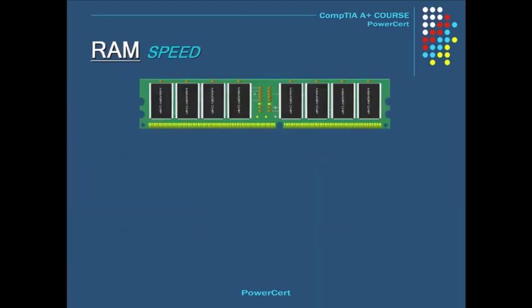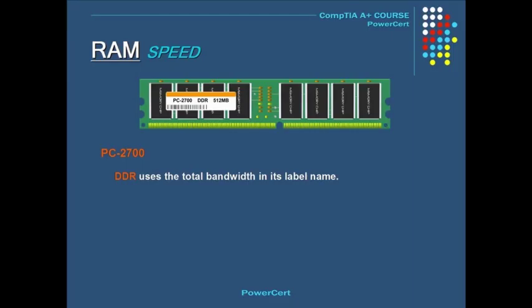DDR is also labeled differently than non-DDR RAM. Instead of including the clock speed in its name, like PC133, where 133 equals the clock speed, DDR uses the total bandwidth instead. For example, a DDR DIMM labeled PC2700, the 2700 is not the clock speed, but the actual total bandwidth.